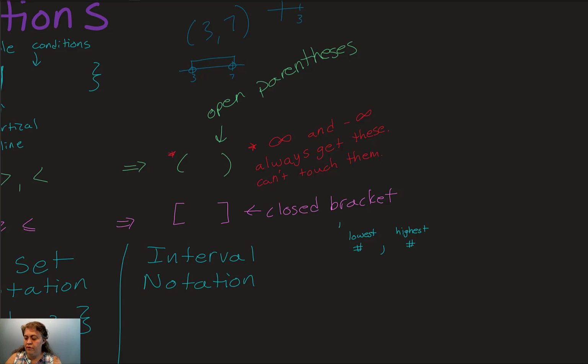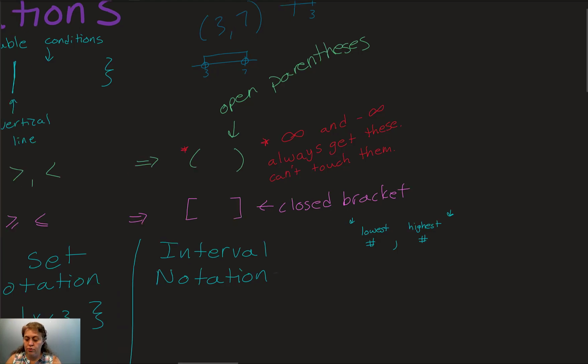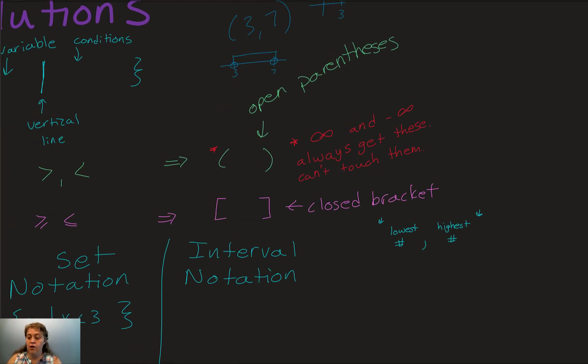Then you put whatever you're supposed to on the end based on whether it's an open or closed circle or an arrow. So open circles and arrows get parentheses.